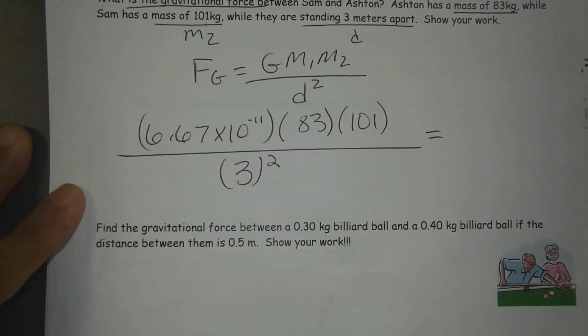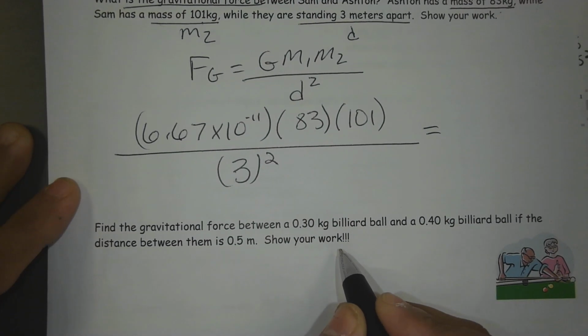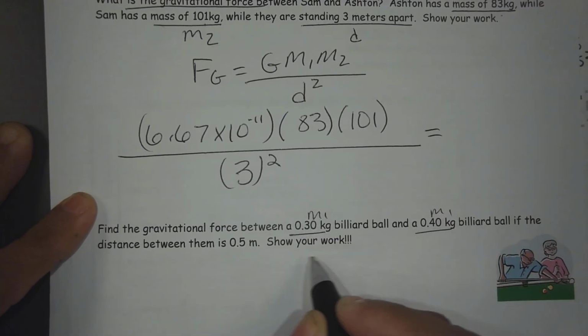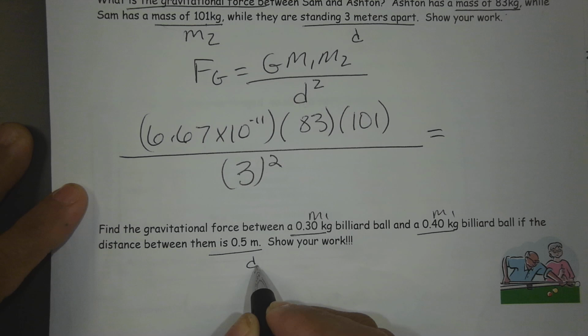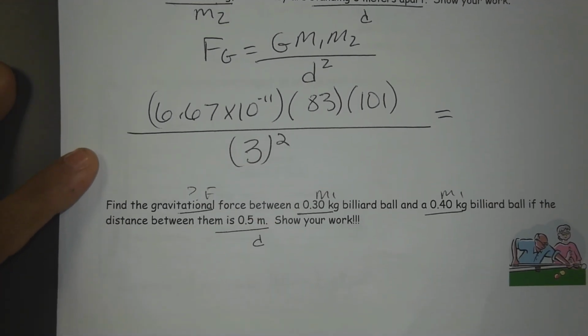The next one is we've got 2 billiard balls, but they show me that they have 2 different masses and the distance between them is 1/2 meter. Look for the force.